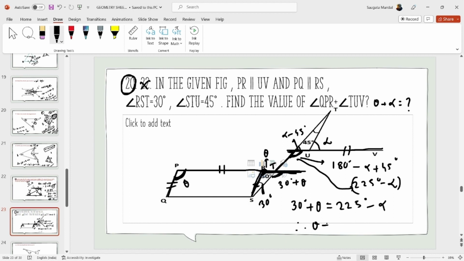That means theta plus alpha is equal to 195 degrees. This is the answer of question number 20. Now go to the next question.